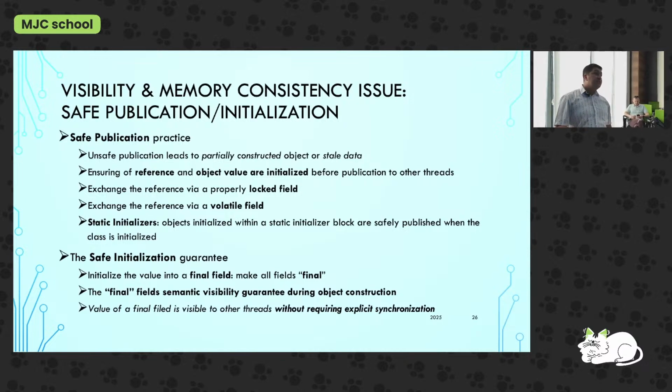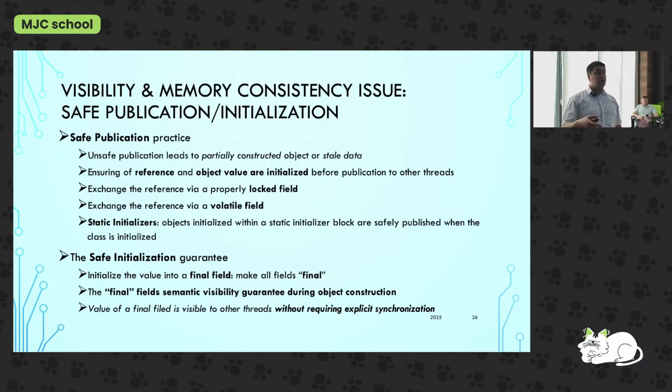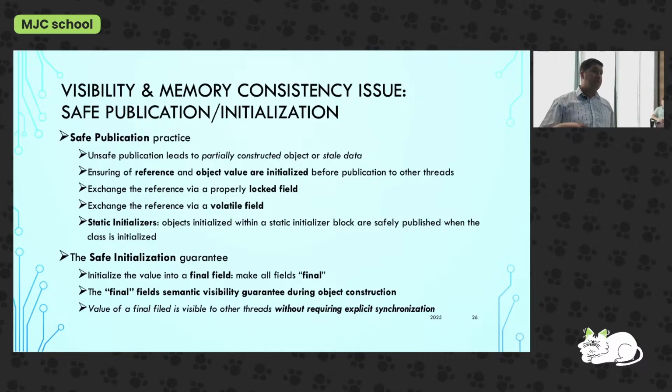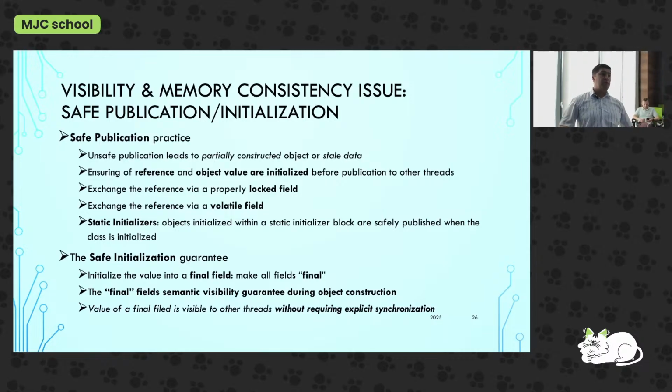Safe publication is not a guarantee, it's a practice. You should master it in order to safely publish a reference to an object when that reference is shared between multiple threads. This is also a fundamental concept in concurrency, so you should take care here.